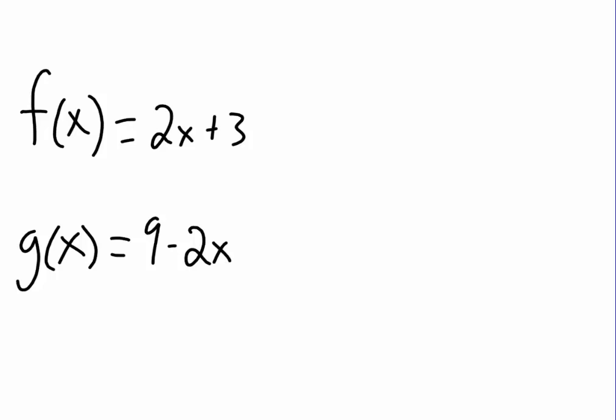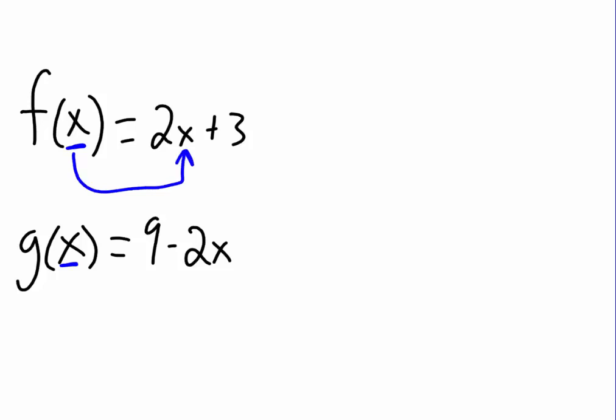Now, they see, oh no, now we don't have just x's, but we got f's and g's and all these other things, and it makes people really nervous. So, something that you just have to understand here is, okay, first part, this x right here is just telling you what variable is in the function.